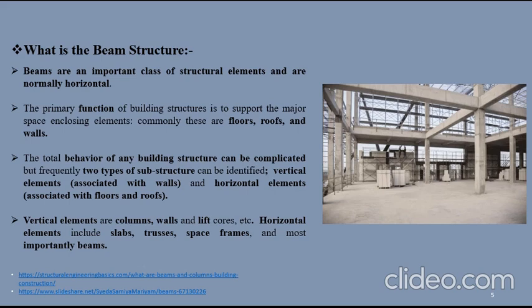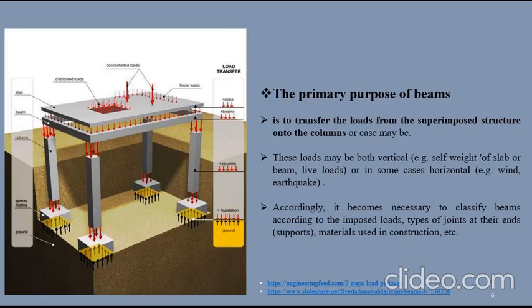Vertical elements are columns and walls, also lifts, and horizontal elements can be slabs, terraces, space frames, and the most important is the beam. The primary purpose of the beam is to transfer the load from the superimposed structure into the column.